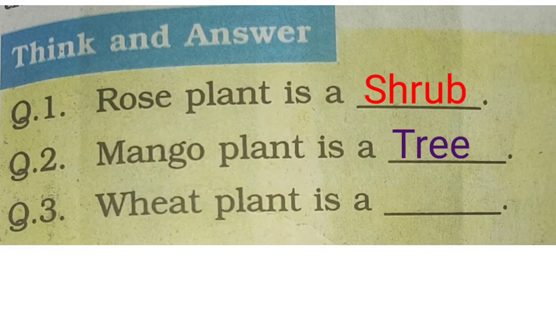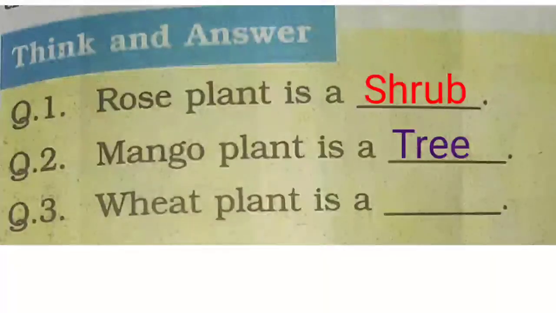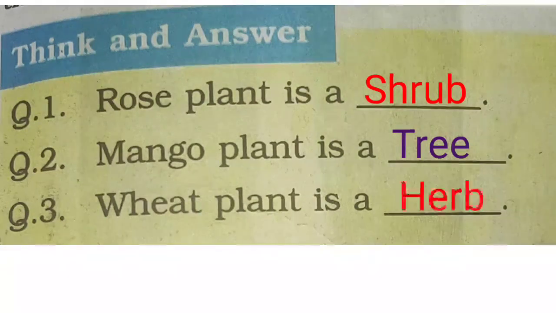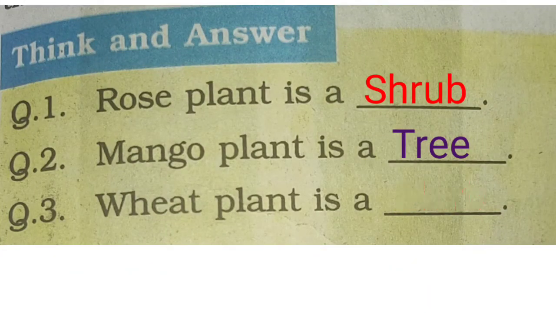Question number 3. Wheat plant is a dash. Yes, beta. Come on. Think and answer. Oh, yes, beta. Wheat plant is a herb because its stem is big and green in color. The stem is not branched at all. Thus, wheat is a herb. Question number 4.